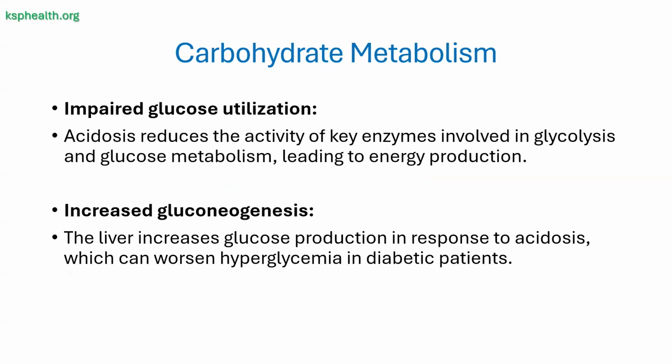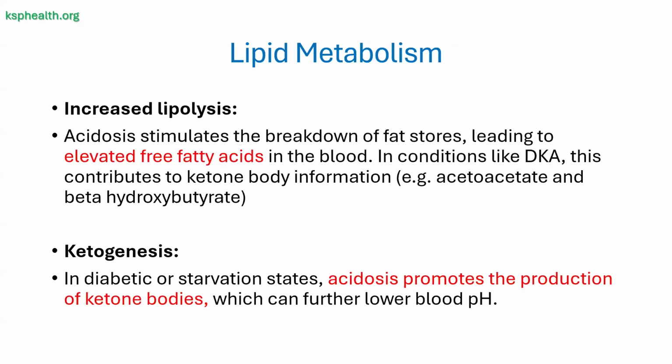In carbohydrate metabolism, there is impaired glucose utilization because it reduces the activity of key enzymes involved in glycolysis and glucose metabolism, leading to reduced energy production. And increased gluconeogenesis, so increased glucose production in response to acidosis, can worsen hyperglycemia in diabetic patients. It also increases lipolysis.